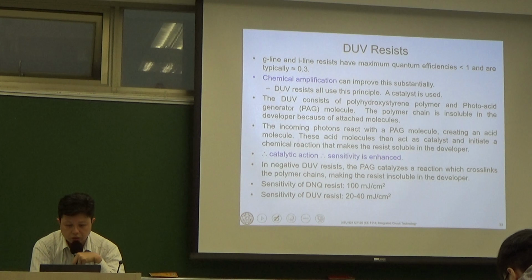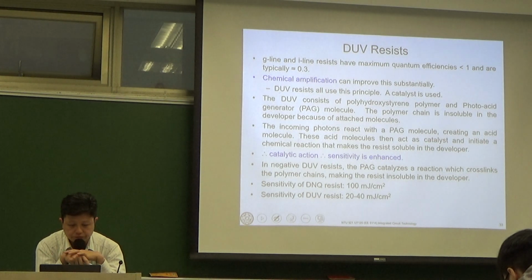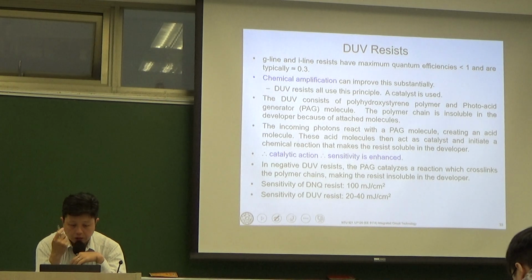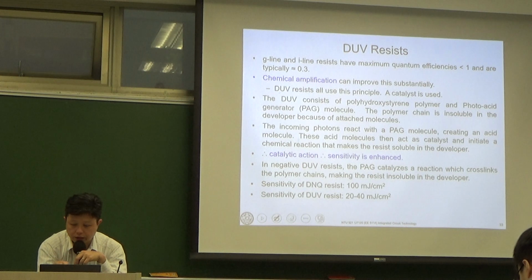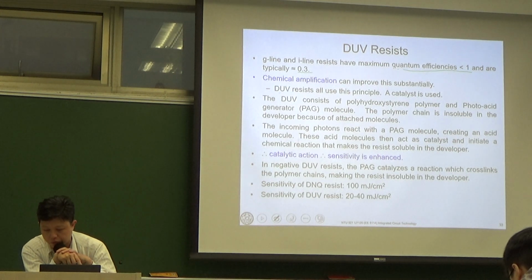Now move to the DUV resist. Okay. This G line and I line resist we just explained, they have maximum quantum efficiency less than 1, usually typically 0.3.